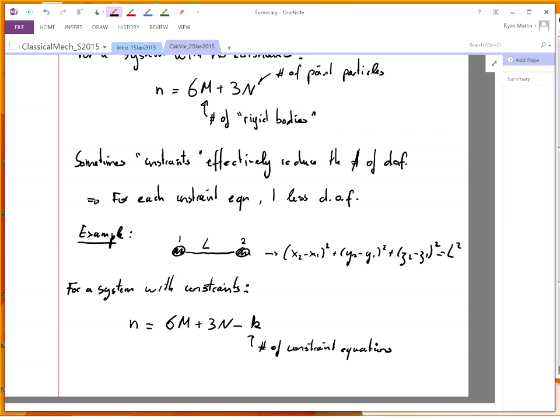In particular, the kind of constraint equation as the one that we've just written here in the example, the kind of constraint equation that we like are those that are called holonomic. Those are constraint equations that are between the coordinates and contain an equality. So they straightforwardly allow you to express one coordinate in terms of the others and make it very clear how the degrees of freedom reduces.